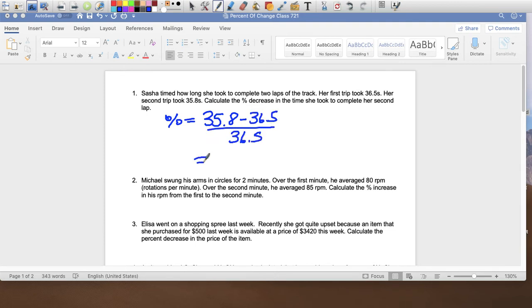So it's just a matter of now putting this in your calculator, and you're going to get 35.8 minus 36.5, and you're going to get a negative number, and that makes sense because it's a percent decrease, and we're going to divide that by 36.5.